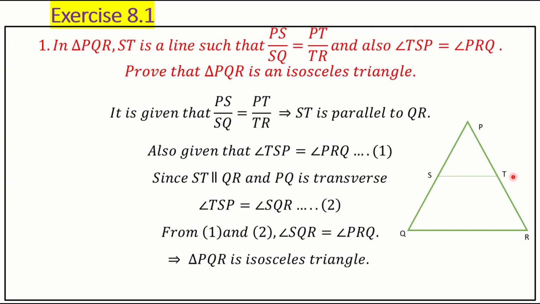Because ST and QR are parallel lines and PQ is a transversal. So these two angles are equal. Similarly, P and R also equal. But it is also given that S and R are equal, which means R and Q also will be the same, because S is equal to Q. If these two angles Q and R are the same, then triangle PQR is an isosceles triangle. That is how we'll prove. Okay, next.